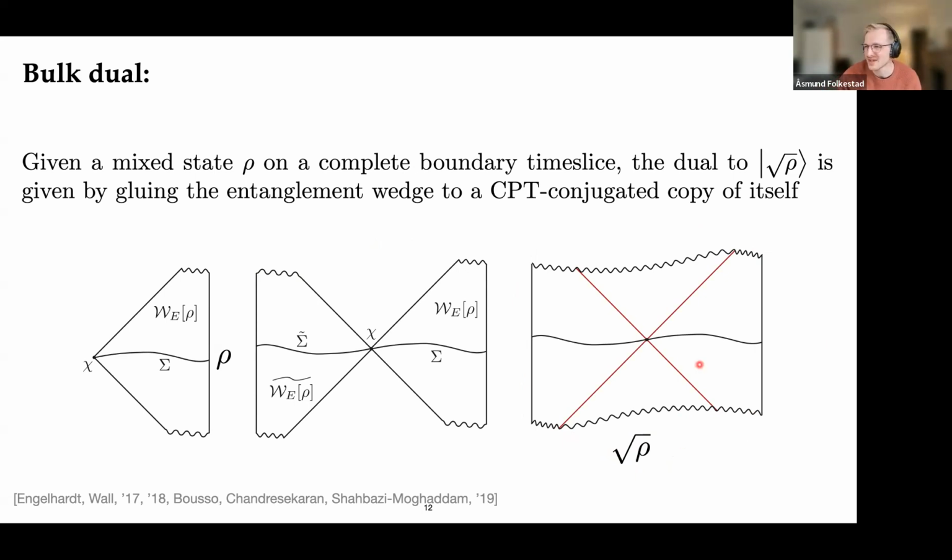You see I've drawn some red lines here. In general, carrying out this procedure, you will incur some shocks because this quantum extremal surface doesn't have mean curvature 0. So when you do this gluing, you get discontinuous first derivatives of the metric. So you'll produce some shock waves, and they might even have negative null energy.